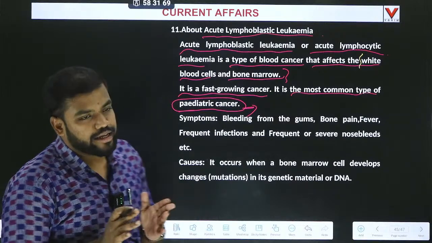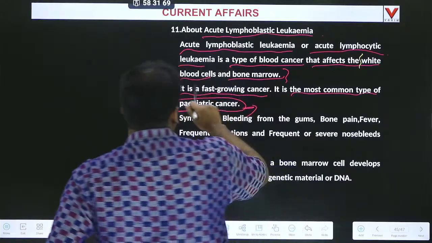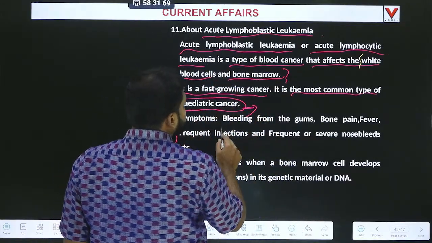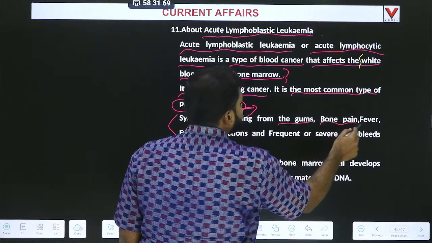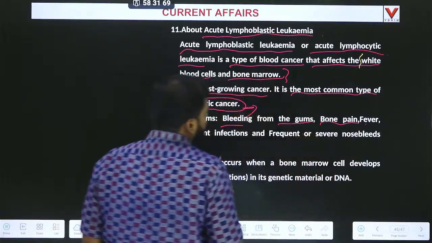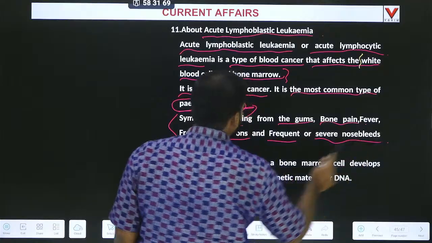If you take children's cancers, they will be majorly affected by acute lymphocytic leukemia. Symptoms: bleeding from the gums, bone pain, fever, frequent infection and severe nosebleeds, etc.